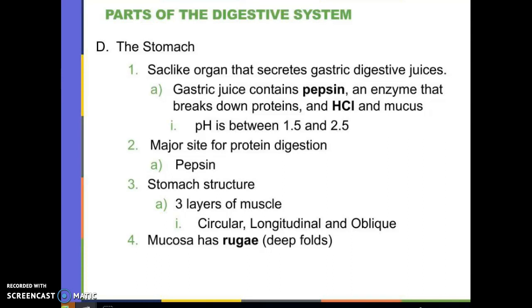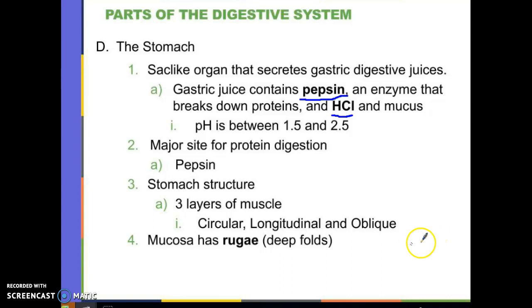The stomach, now we are hardcore starting to break things down. This is a sac-like organ. We know that it secretes gastric digestive juices. So there are enzymes like pepsin in there that help break down proteins. And HCl is that hydrochloric acid. You have a really strong hydrochloric acid.